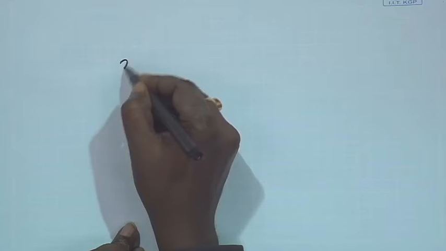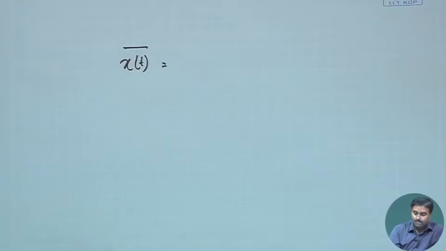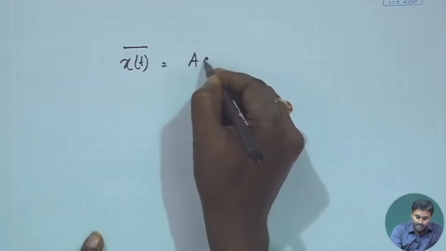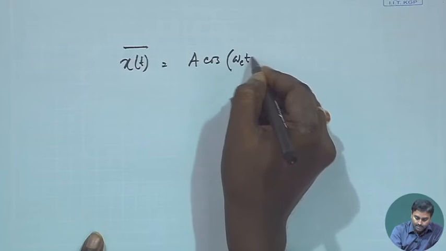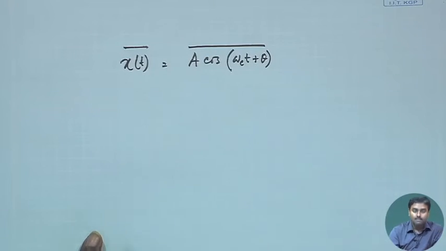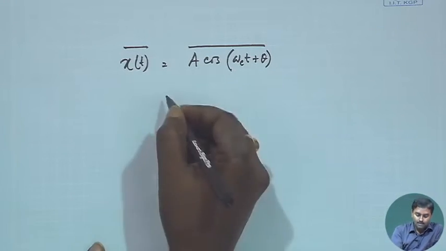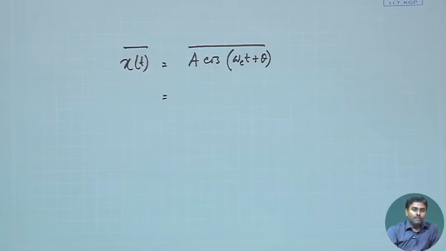So, let us first evaluate the average value of that. Let us say I wish to do this, that should be the average of A cos(omega c t plus theta). Remember, whenever we are talking about average, so far in signals we have been talking about average in time.